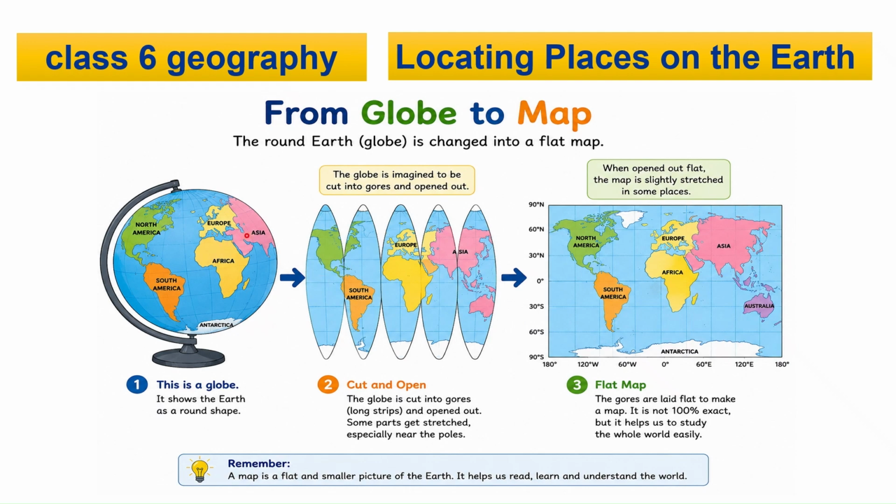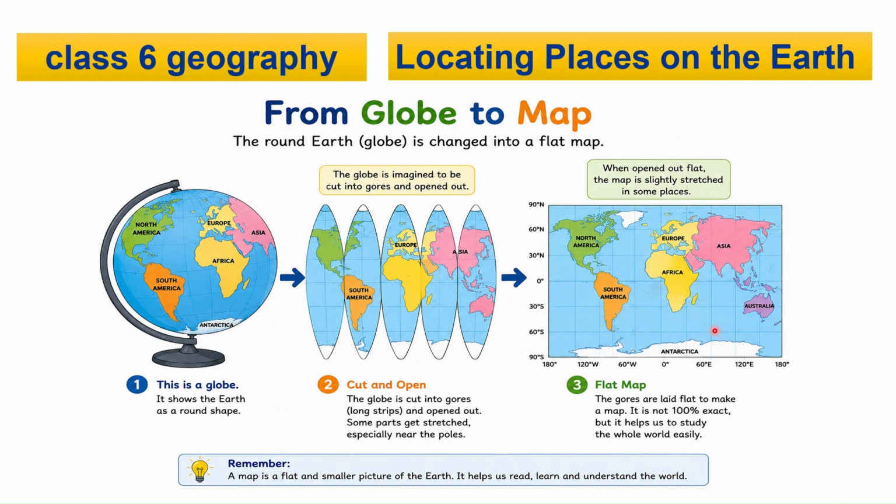So students, look at this picture carefully. We have a globe. A globe shows the earth as a round shape, but because it is round, we cannot see the whole earth at the same time, so we use a map. But when we cut the globe into a long strip, it is called a gore. Some parts get stretched, especially near the poles.